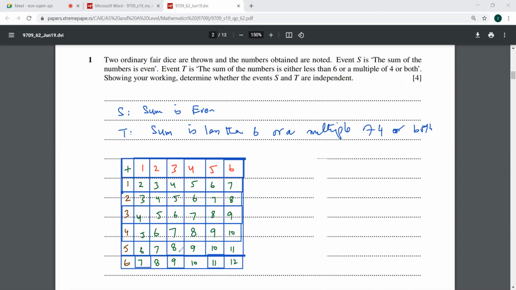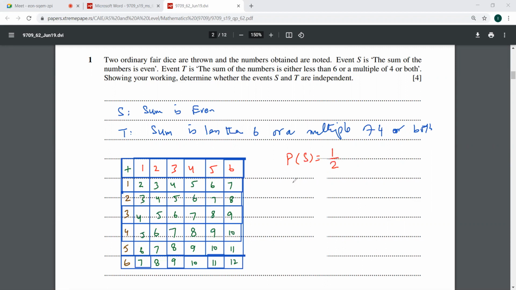Now let me highlight the ones which belong to the set S. The sum is even, so half of them are even. So I can simply say the probability of S is going to be half.